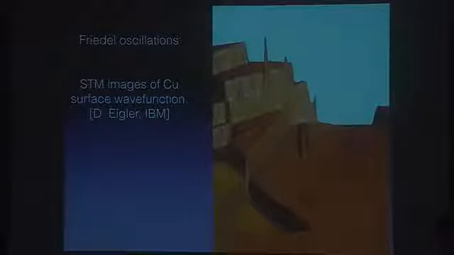And these are terraces. Basically, this step is just one atom layer thick. And what you see is that both these edges produce these ripples in the wave function, which is the RKKY type interaction. But also, you have impurities on the surface, which are typically some foreign atoms that, when you prepare your sample, always contaminate your surface.